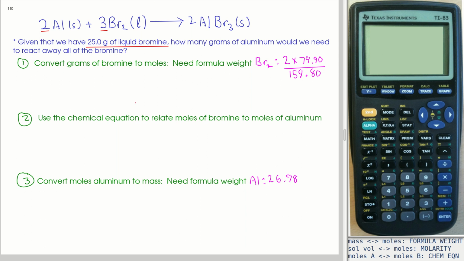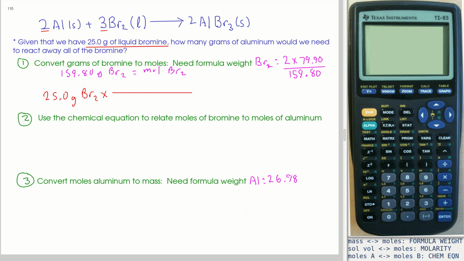We'll start with 25 grams of bromine. This is dimensional analysis, so a times sign and a division line. 159.80 is actually the number of grams of bromine that is equal to a mole of bromine.